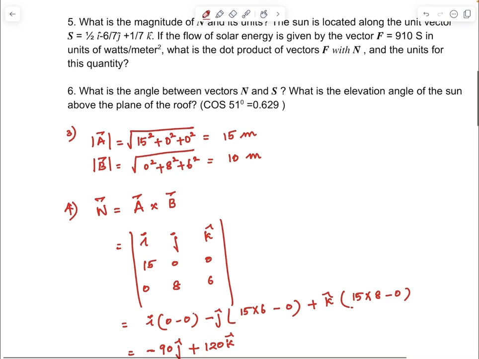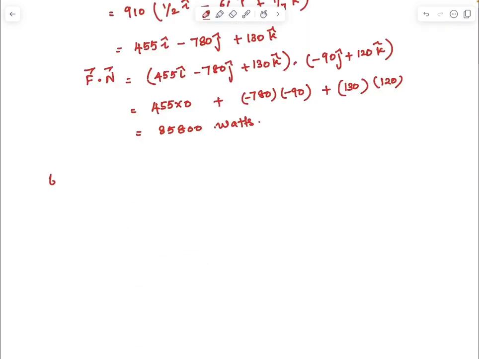Question number 6. What is the angle between the vectors n and s? N vector dot s vector is equal to magnitude of n, magnitude of s, and cos theta. That is the angle between n and s.